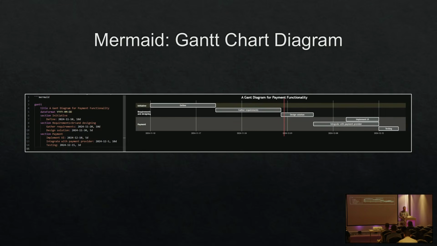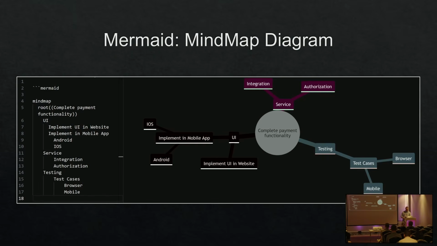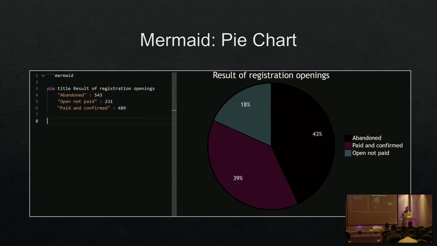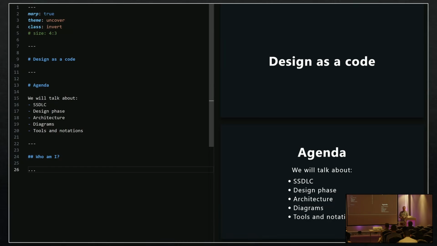You could also generate some Gantt charts from code, and I was surprised when I figured out it's really hard to find a tool to do that, a private tool, not in a company with some expensive licenses bought. Also some mind maps and some other charts. You could even write a presentation in code, all right? The first version of this presentation was created like this. It's not like that anymore.